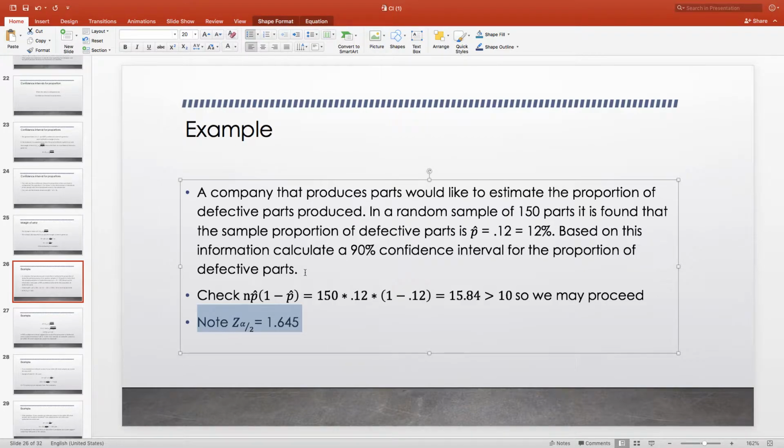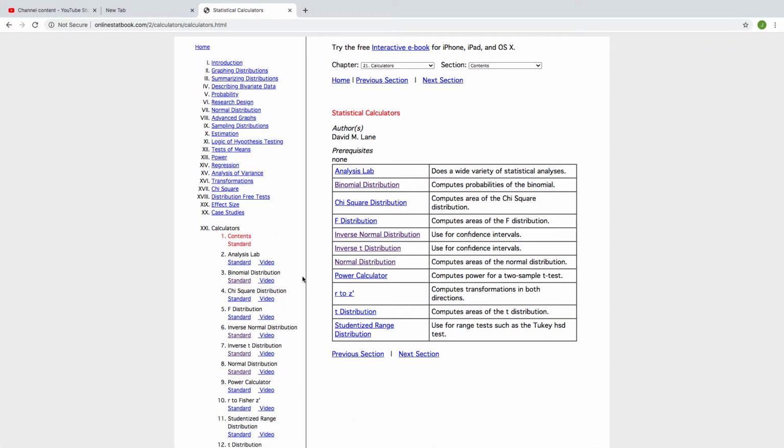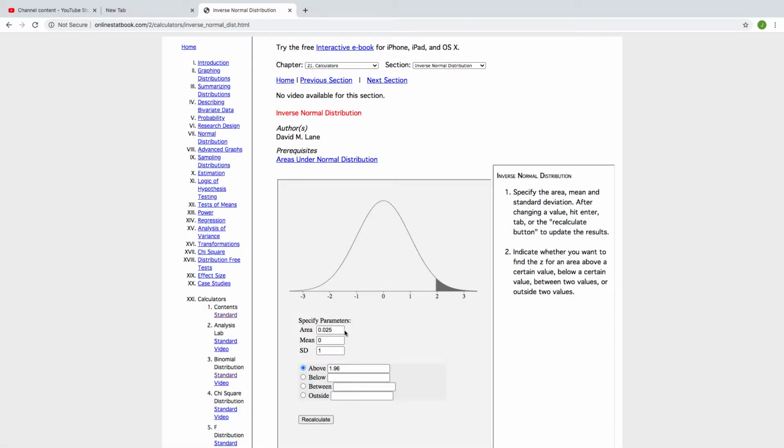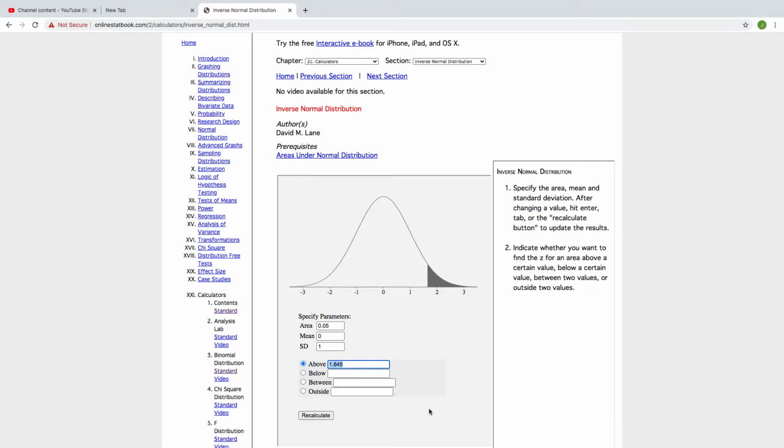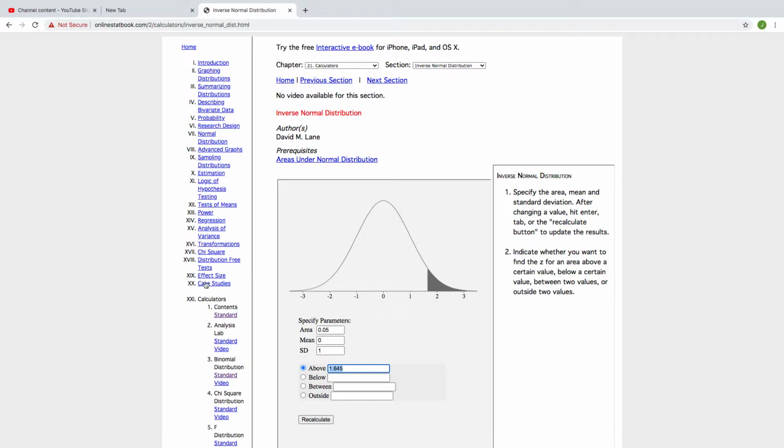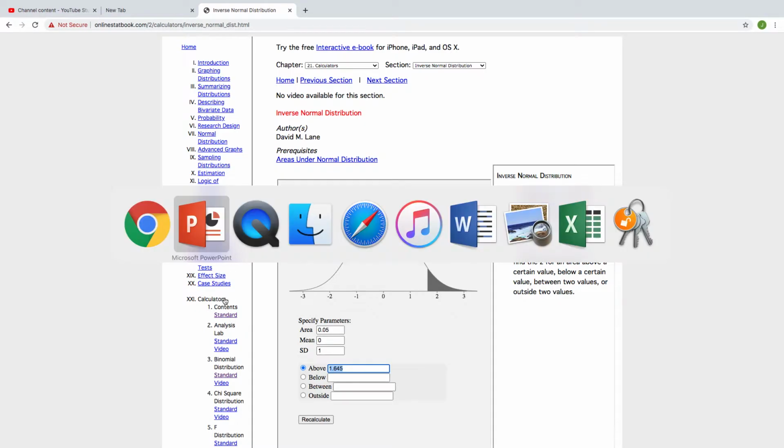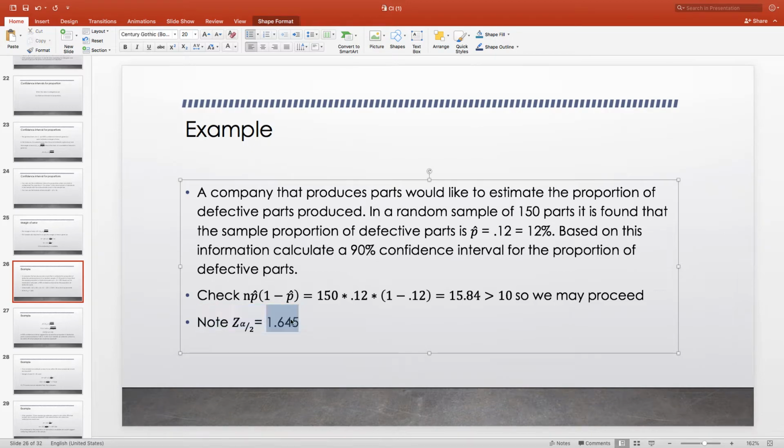If I use an online calculator, I'm going to go to the inverse normal distribution, and I want 0.05, because alpha is 10% and alpha over 2 goes in each tail. Mean 0, standard deviation 1, and let's calculate that. That gives us this number, 1.645. This was in the online stats book calculator section. So we go back, that's the 1.645.